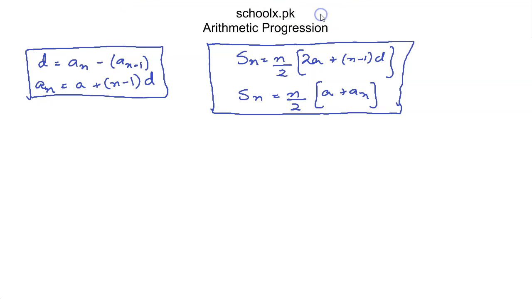Now let me clear out the symbols used in these formulas. D is the common difference. An is the nth term.